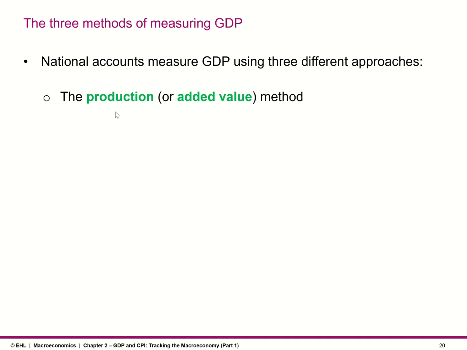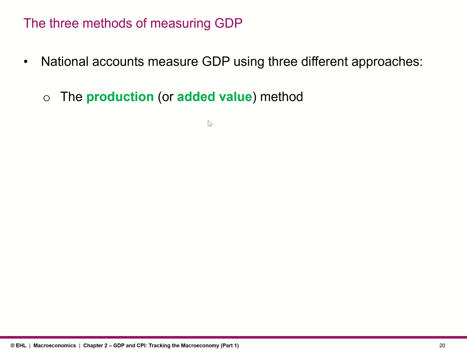So the three methods of measuring GDP, you may already know them, or you remember from section 1. There are these three different methods. The production method, which is simply the market value of final goods and services produced in the economy. Or equivalently, we can also compute the added value of all firms or all sectors in the economy.